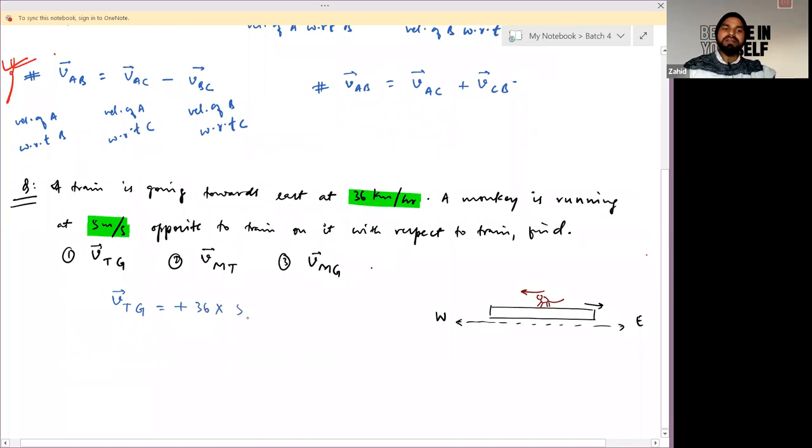Multiplied by 5 by 18, you will get 10 meter per second. Next, velocity of monkey with respect to train is along west, so it will have negative sign, 5 meter per second. Now related to these two terms, we have to find velocity of monkey with respect to ground.